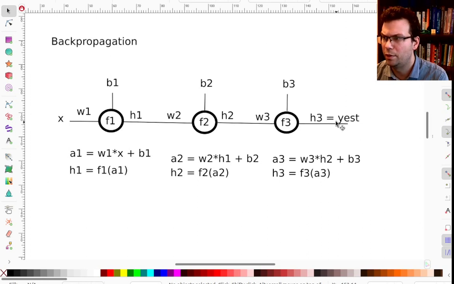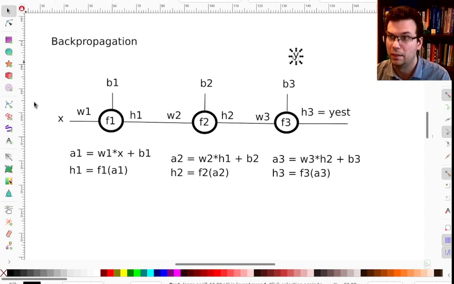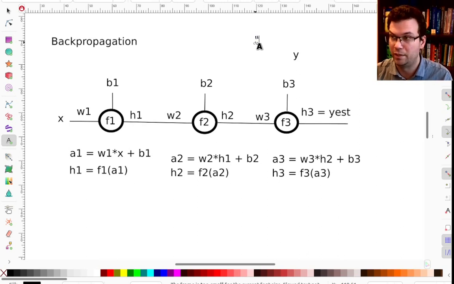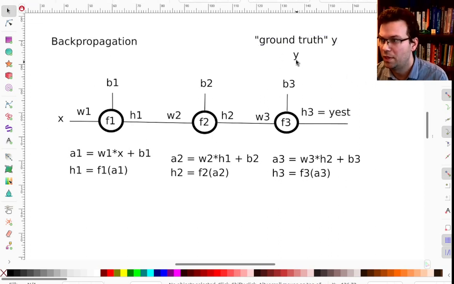There's one more thing I'm going to do, actually, which is I'm going to compare the output with the ground truth Y. So maybe I'll say, I have what my Y is supposed to be. This is called the ground truth, or the label I know my data is supposed to have. And I want Y estimate to be as close to that as possible.